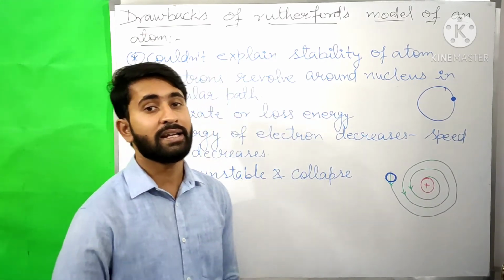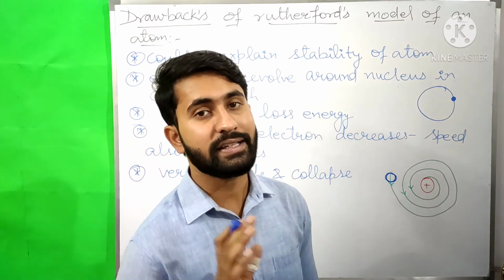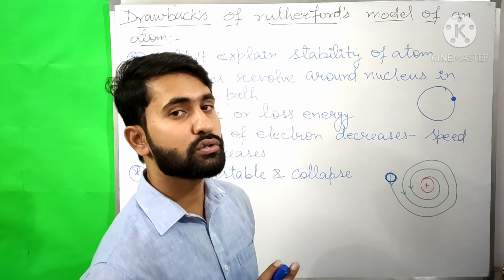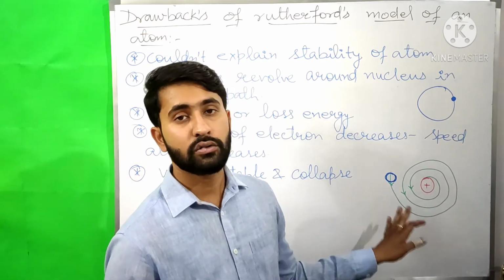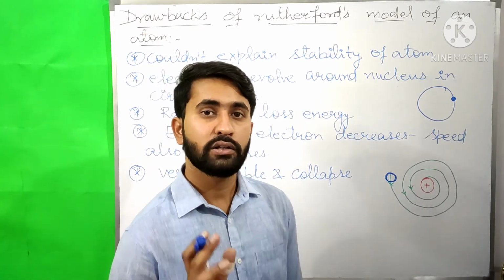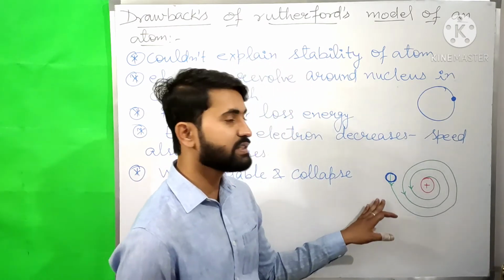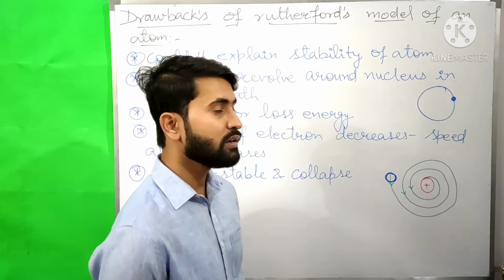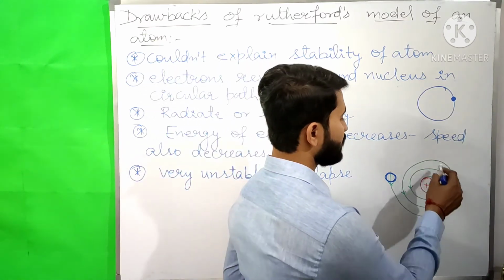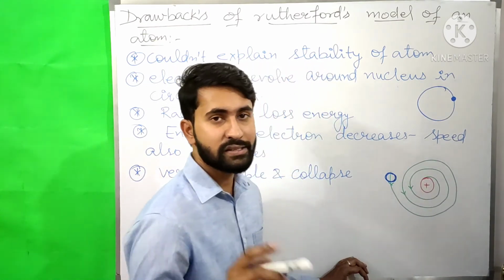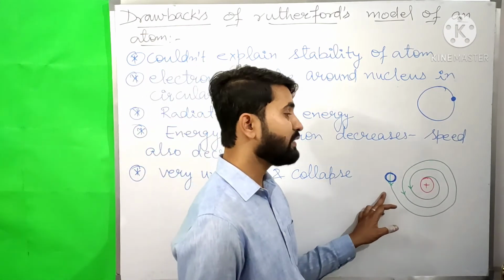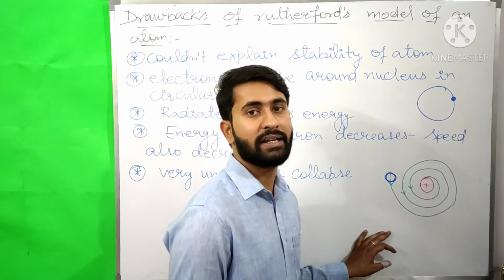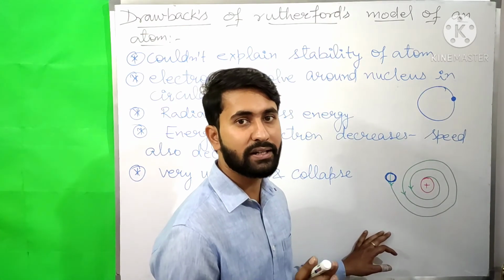But we know that atoms are very stable and they do not collapse. And we also know that the electron does not fall into the nucleus. Suppose this is an electron. According to Rutherford's model, when this electron keeps on revolving in a circular path, it will keep on emitting energy, and when it emits energy, its speed will decrease.